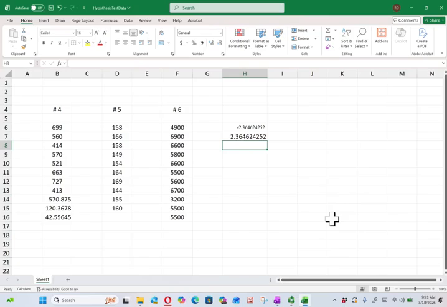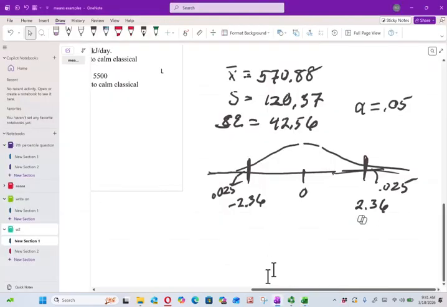And I get exactly the same number, except it's plus. This is the good thing about t distributions and z distributions. They're symmetric. So my cutoff criteria for this test is, does my result fall more than 2.36 standard errors above or below my hypothesized average?